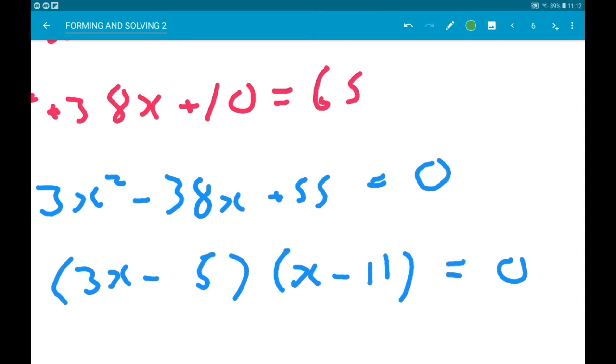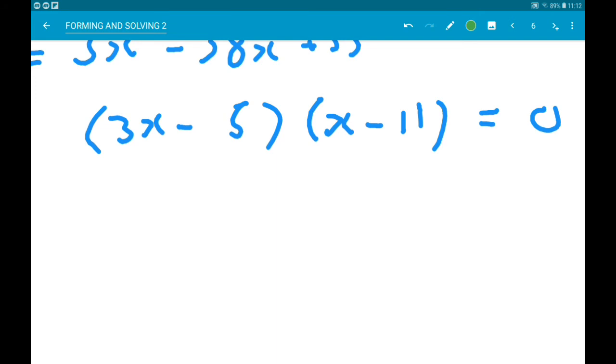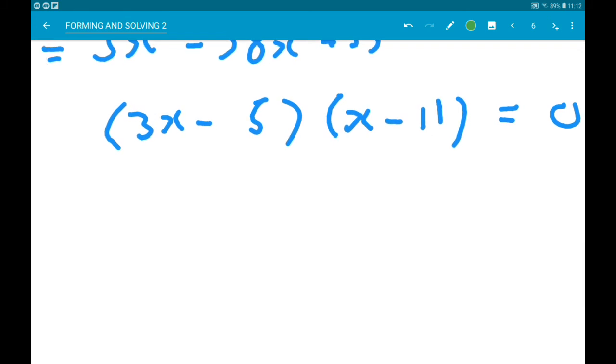So, this now gives us two possibilities. When you solve quadratics like this, you now set whatever is inside each bracket equal to 0 and solve for x. So, for this guy on the left, we get 3x minus 5 is equal to 0.